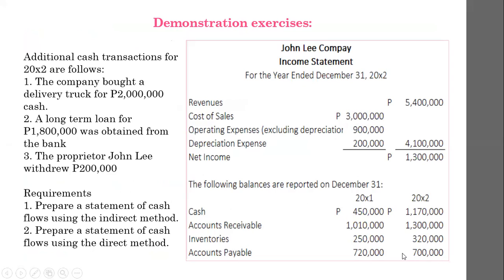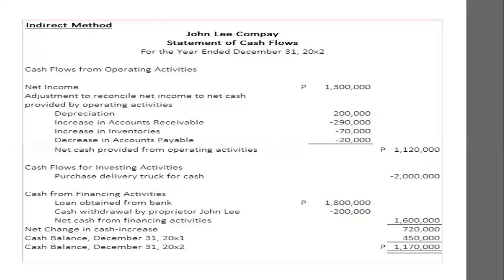Pag inilas nyo kasi yan, positive 20,000, diba? Kailangan nyo kasing i-determine kung nag-decrease or increase siya. Kung nag-decrease yung accounts payable natin, dun nag-base yung sign niya. Okay? Kaya naging negative 20,000.